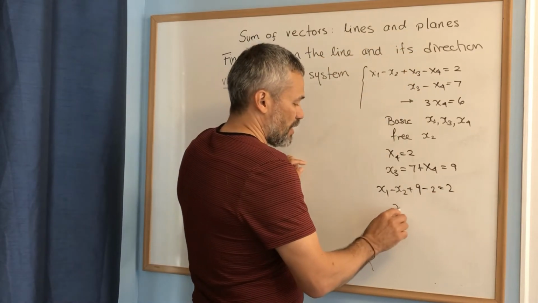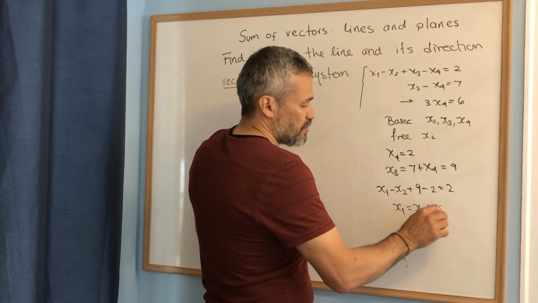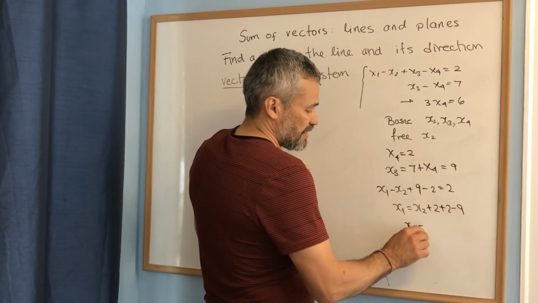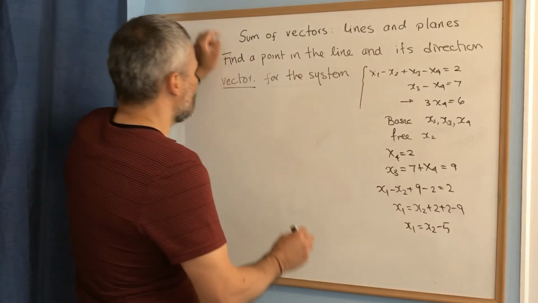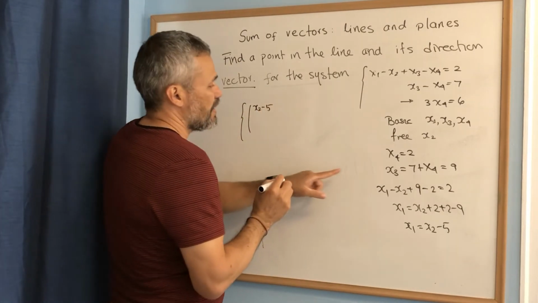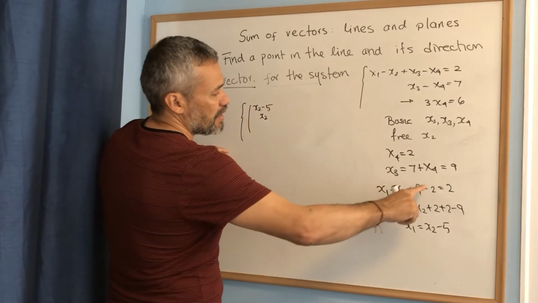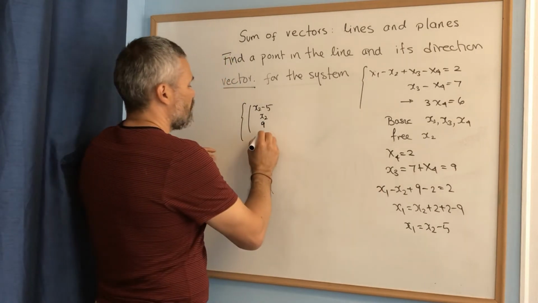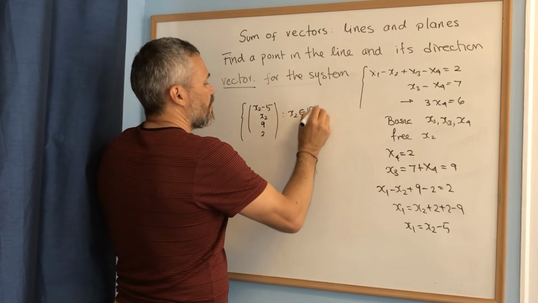That means that x1 is equal to x2 plus 2 plus 2 minus 9, so x1 is x2 minus 5. Then the solution set would be x1 is x2 minus 5, x2 is the free variable, x3 is equal to 9, and x4 is equal to 2, such that x2 is any real number.